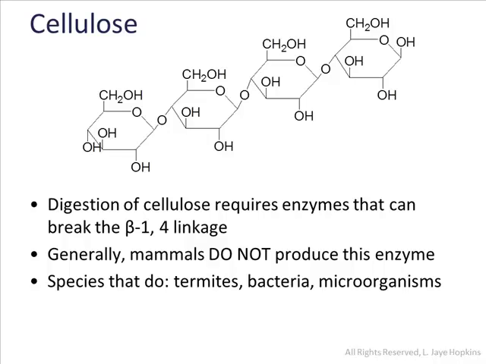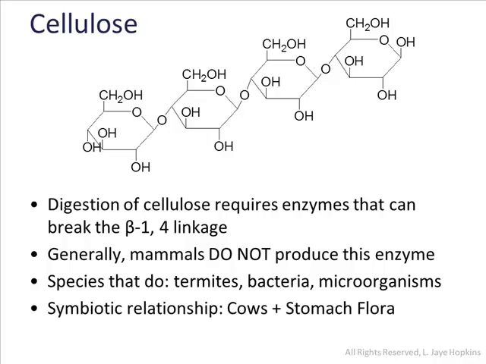Some mammals have managed to get around this using a symbiotic relationship. And the classic example is that most cows actually have microorganisms in their stomach that are able to break down that bond. That means that cows, while they wouldn't on their own be able to consume cellulose, are able to break down plant life, for instance the grass they may be chewing on in a field, and chemically use that glucose for energy.